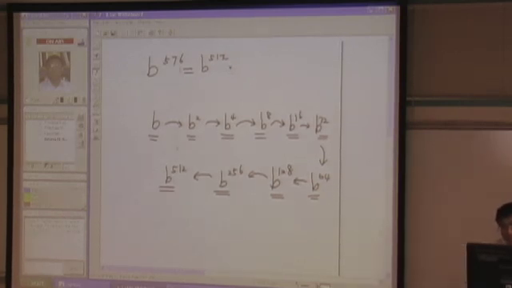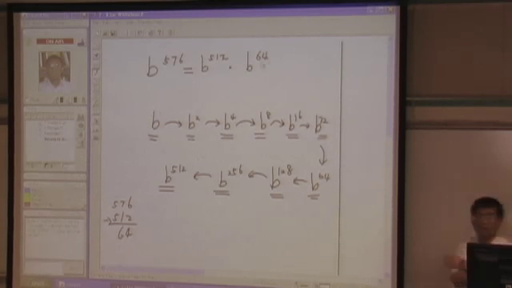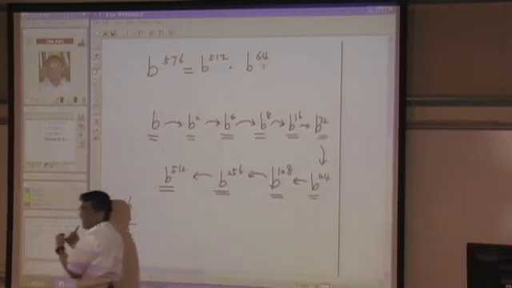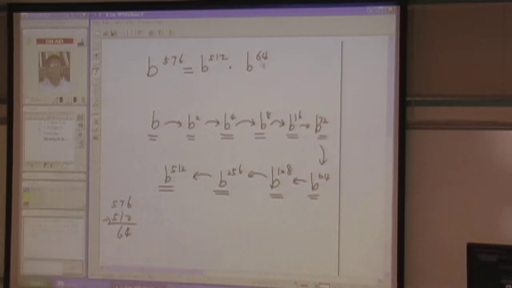If we subtract this huge power, then 576 minus 512 gives us 64. Then b to the 64th power. Do you get it? So instead of multiplying all the numbers 1 through 576, we multiply b to the power of 512 and then b to the power of 64. So this is the idea behind it.